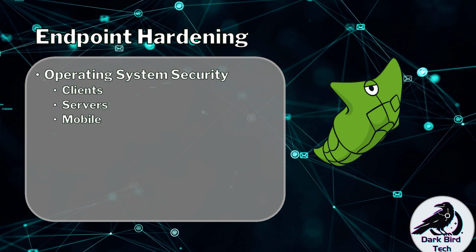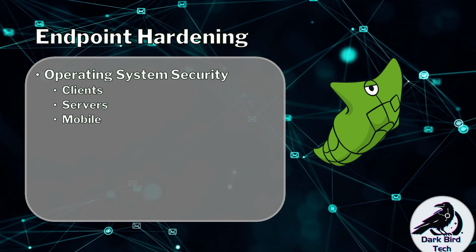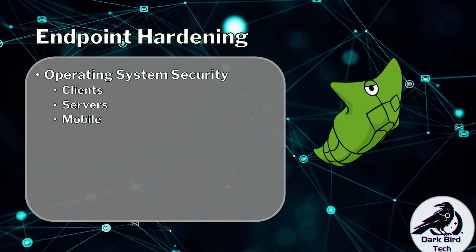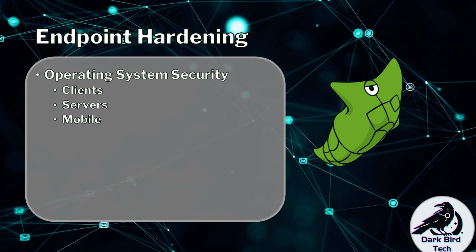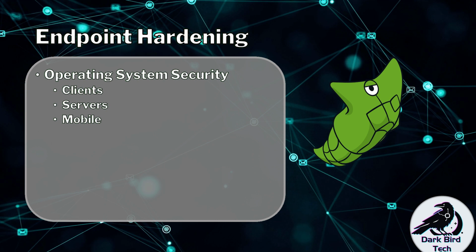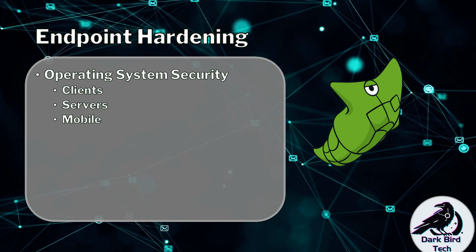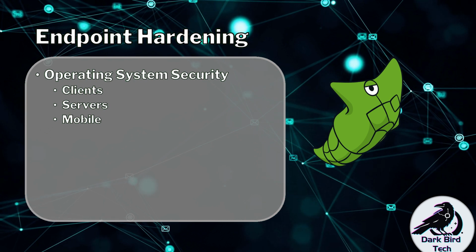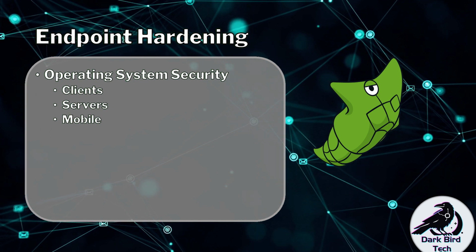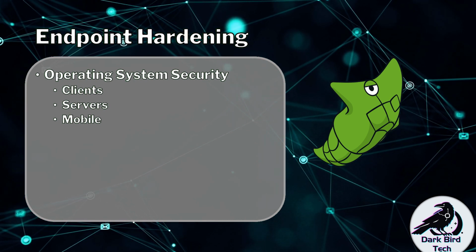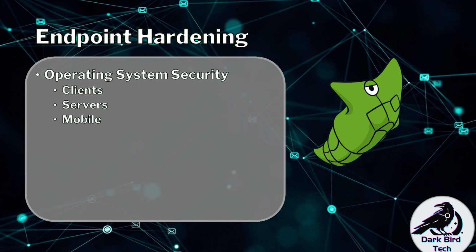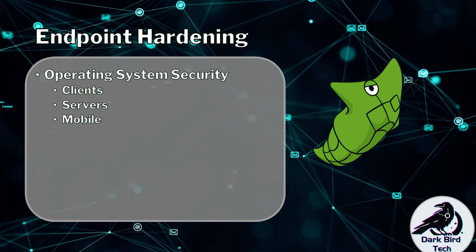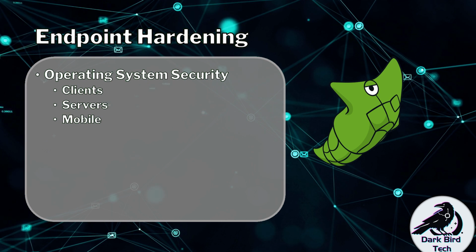Now the clients, you've got to remember that it's going to definitely have a graphical user interface. It's going to have end user applications. It's probably going to have a variety of applications as well, seeing as your end users are going to have quite a few different tasks they need to do. And remember, the more applications that you need to have, the more likely you're going to have a variety of vulnerabilities on that system.